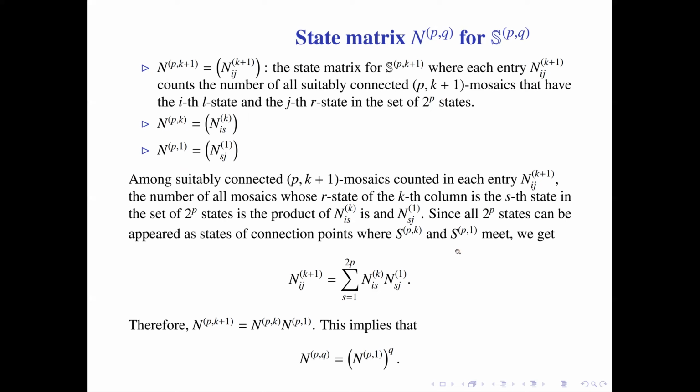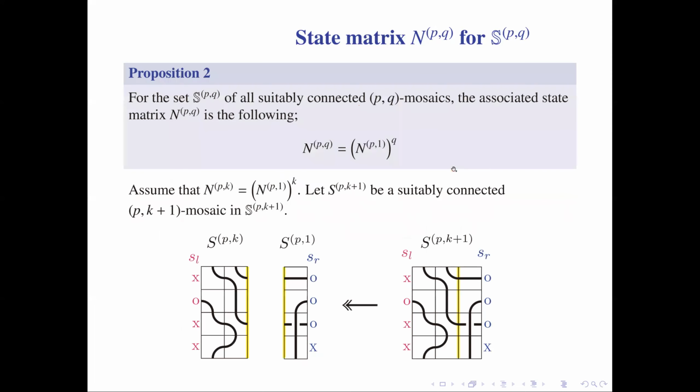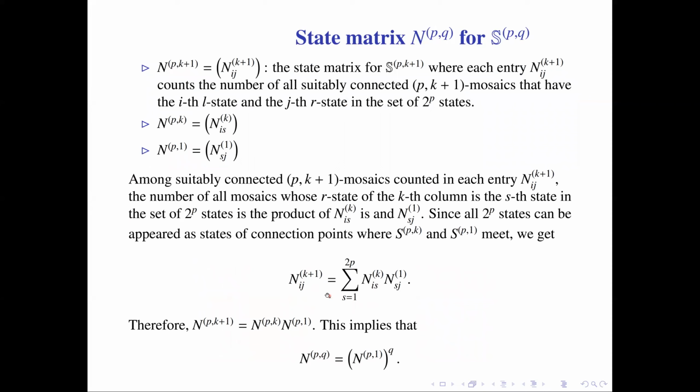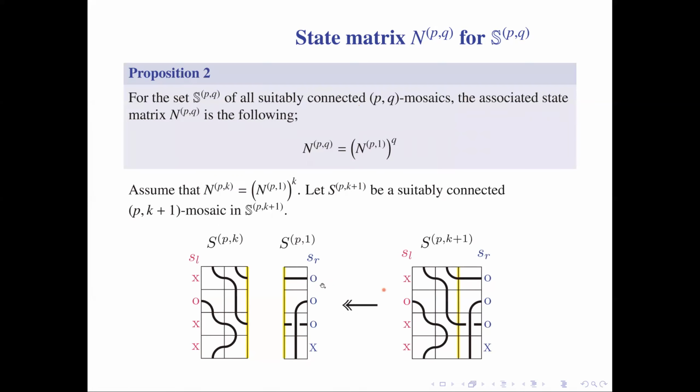It looks very complicated, but the main idea is from here. This entry is the number of cases in which the R state of SPK and the L state of SP1 exactly match, for example, like this.